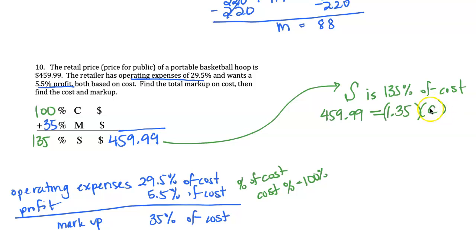To find that variable C, we'll divide by 1.35 on both sides of the equation. And when I work with the division, I end up with $340.73 for cost.